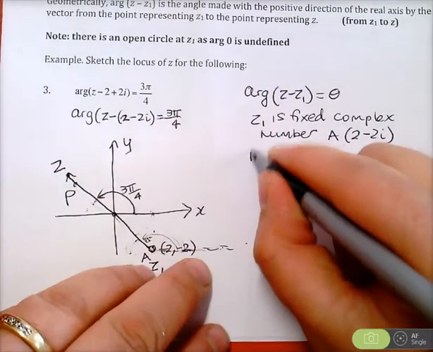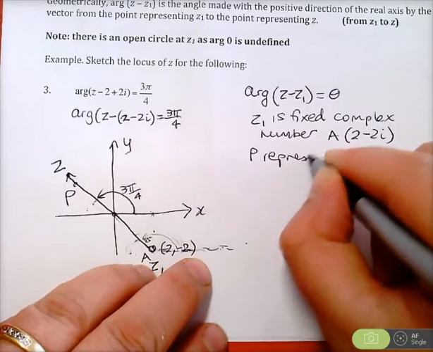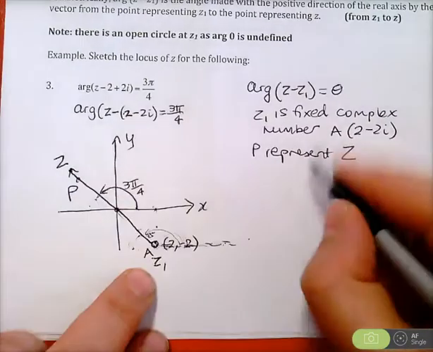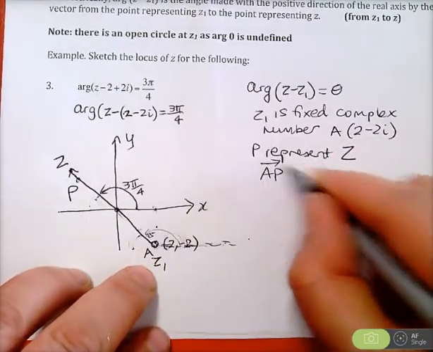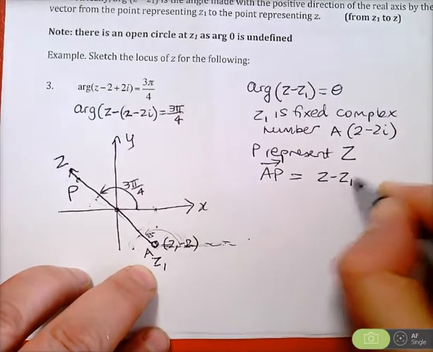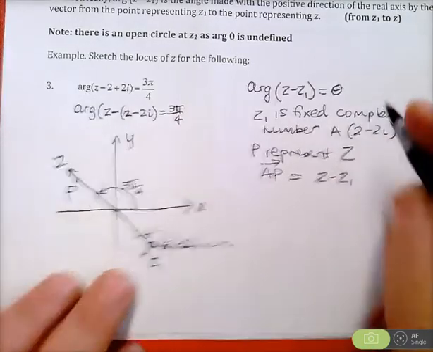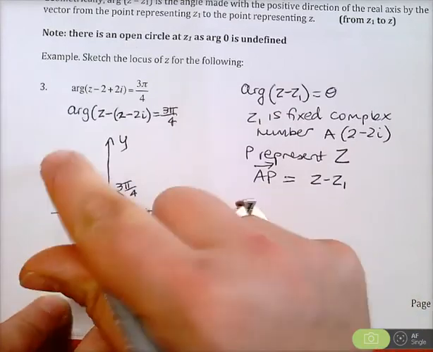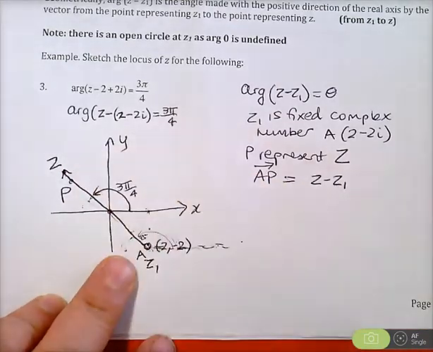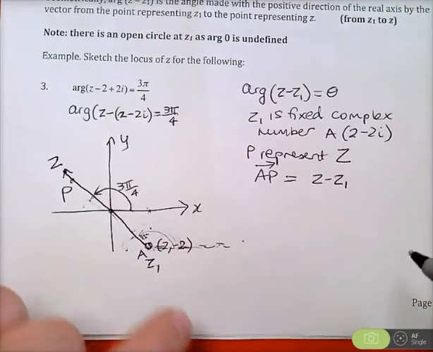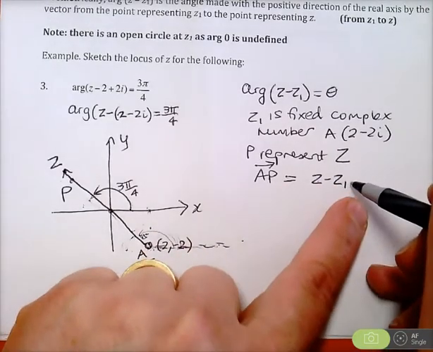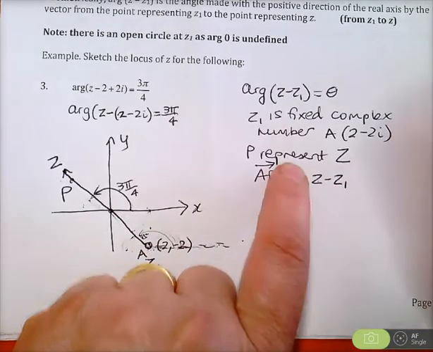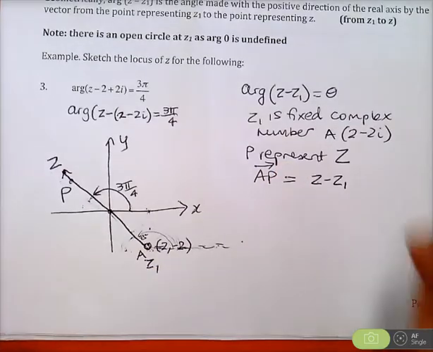If I let P represent Z, then I can have vector AP. Do you know what I mean? Vector AP, therefore, is Z minus Z1. So I don't have to write Z1 and Z. I can write it as vector AP represents Z minus Z1, because Z minus Z1 is the vector from Z1 to Z. Okay?